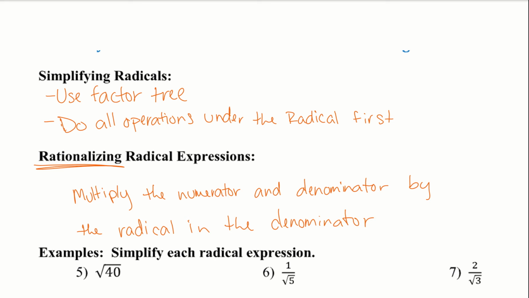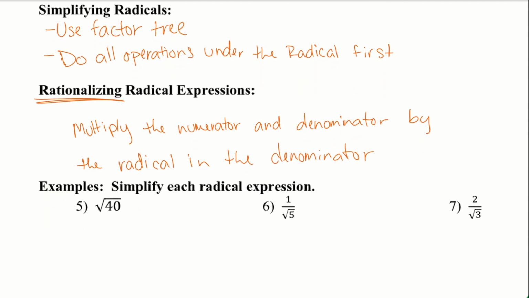We never want a square root in the denominator, so whenever we have one, we multiply the top and bottom by the same thing, and then it all works out. And we'll look at a couple examples of that.